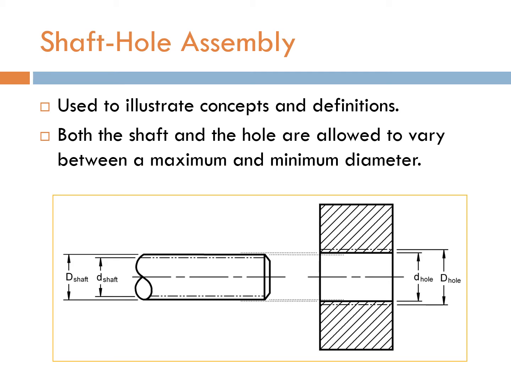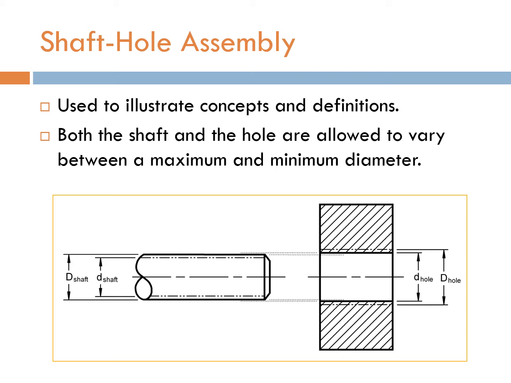On the right-hand side, the hole also has two different dimensions, a big one and a smaller one. The smaller one is the minimum value of the diameter, and the capital D represents the maximum diameter. Both the shaft and the hole could have two different values because of the tolerance.